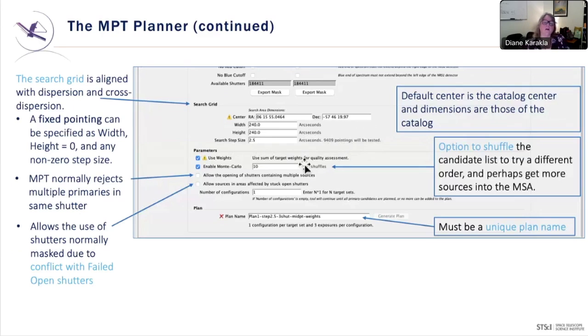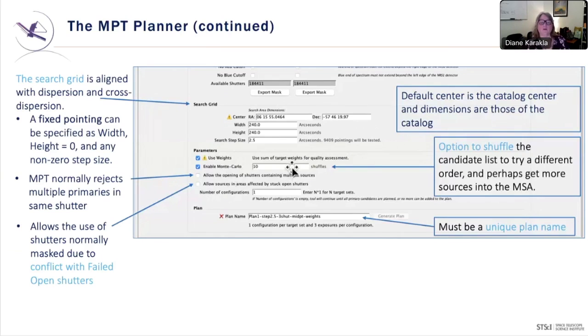There are a number of other options down here. You can use the weights of your catalog. If you use the weights, it orders the catalog by weight and tries them in that order, so it preferentially chooses sources with higher weight. Then there's a feature to enable Monte Carlo shuffling of the catalog.